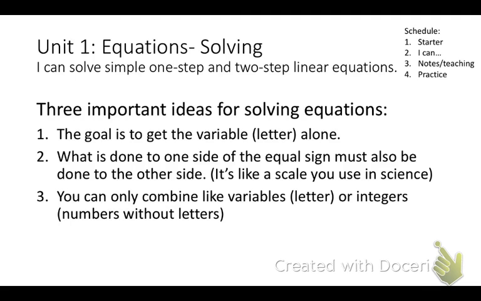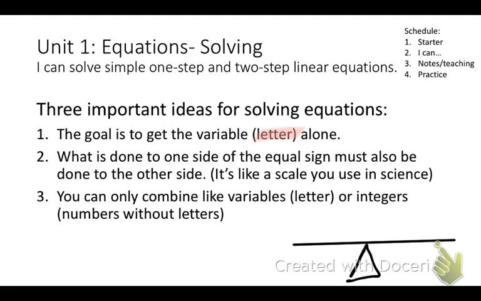All right, there are 3 important ideas or goals that we have when we're doing this. The goal of every equation or inequality that we're going to cover is to get the variable, or the letter, alone. What is done to one side of the equation must be done to the other side. It is like a scale or a teeter-totter. Whenever we are doing one of these equations, we have to do the same thing so that it stays balanced.